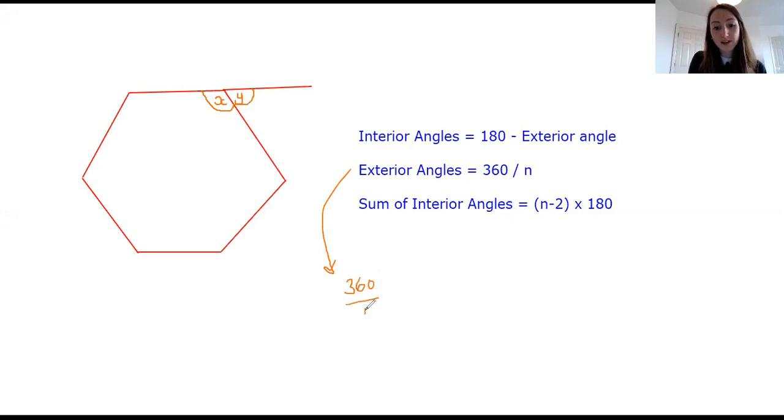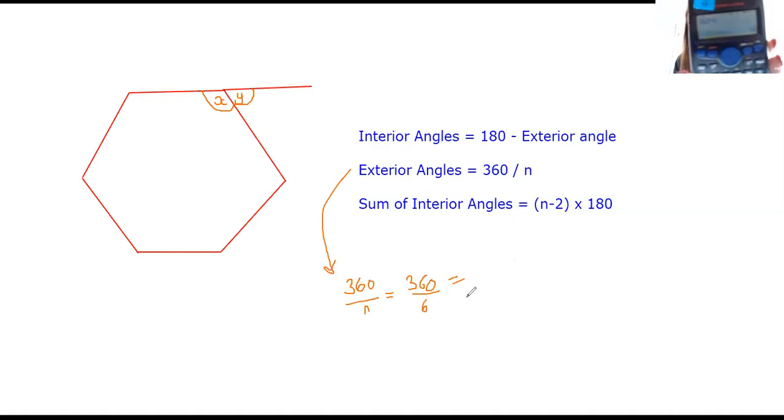Now we know the number of sides in a hexagon is 6, so we're going to do 360 divided by 6. If we get our calculators out and pop in 360 divided by 6, you get 60. So we know our exterior angle there is 60 degrees. So that's how to work it out through method 1 and method 2.